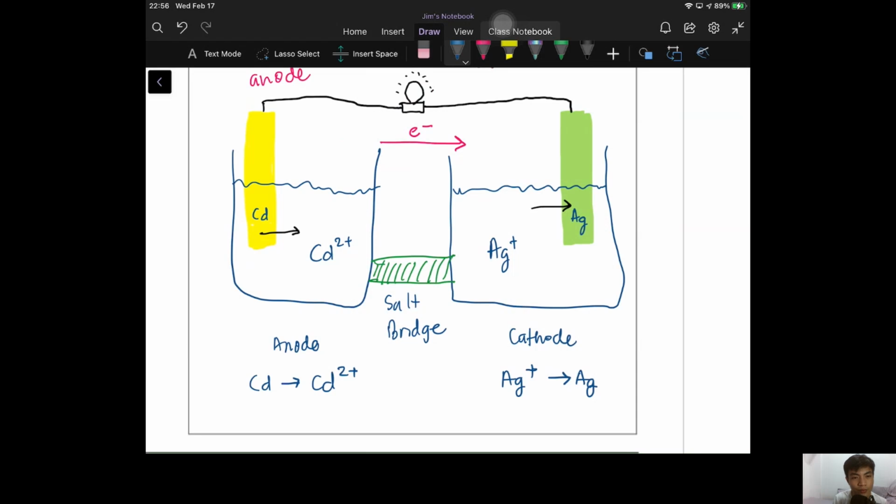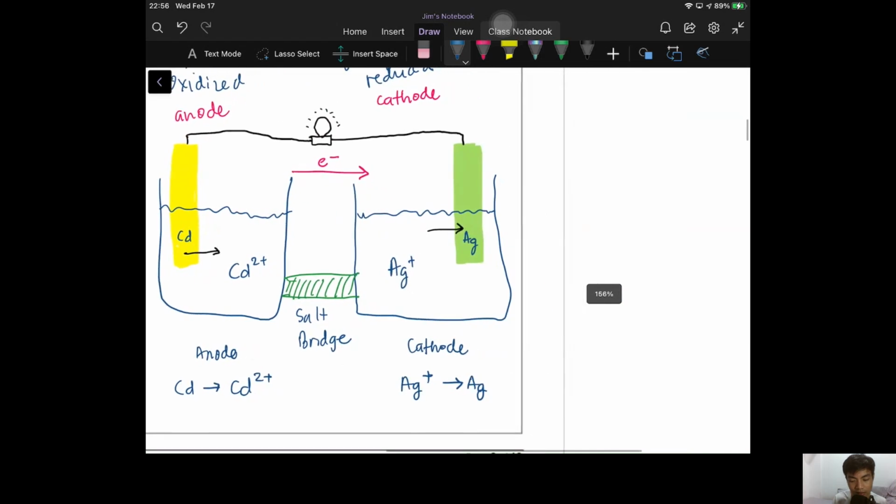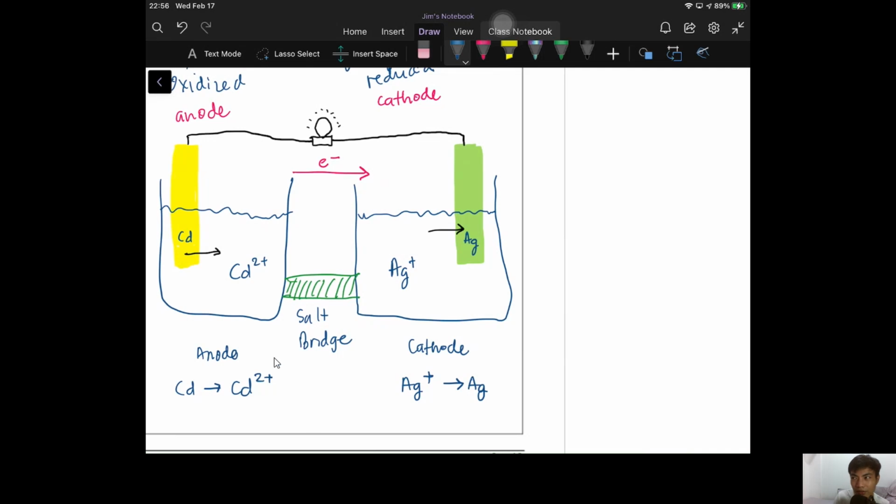Okay. So, what if hinahanap yung overall equation? So, if you are asked about the overall equation, madali na lang yan. Marunong na kayo mag-balance eh. So, anong gagawin nyo? Diba half equations to? Pagsamahin mo lang. Okay? So, Cd to Cd2+, then Ag+ to Ag. Okay?